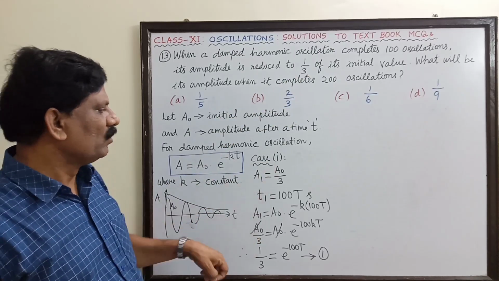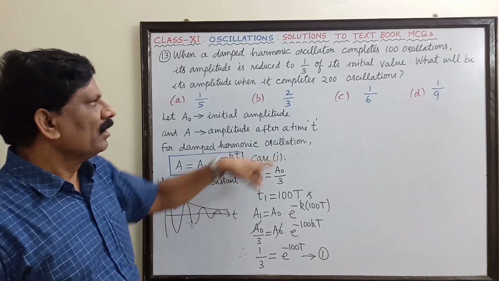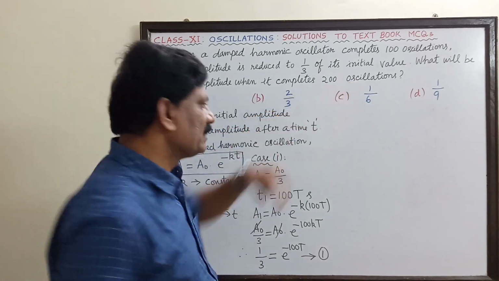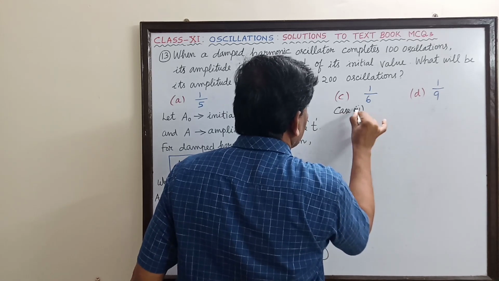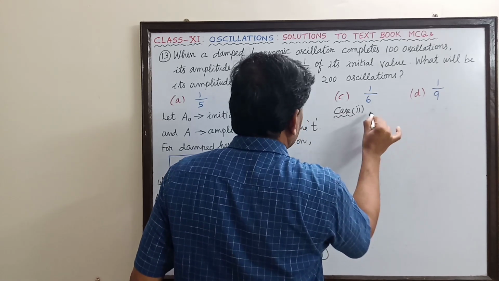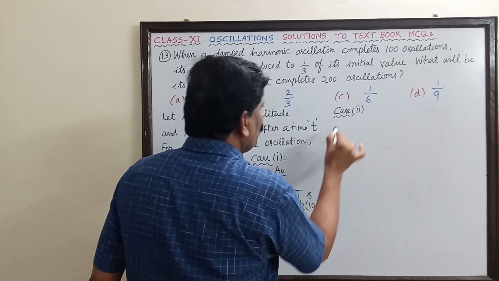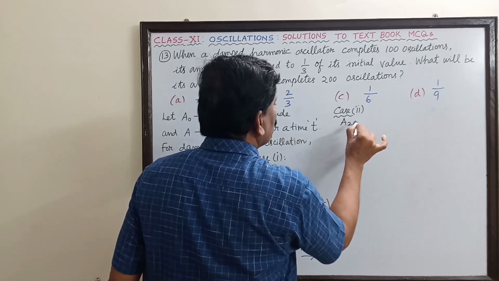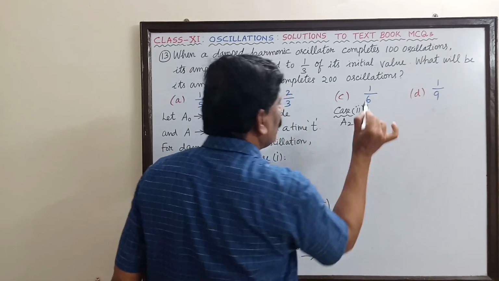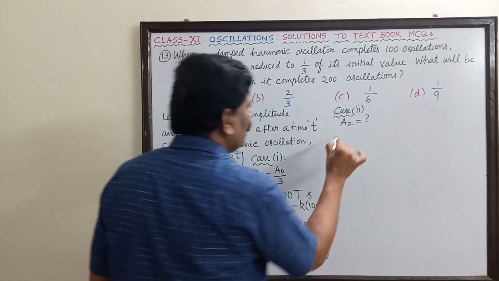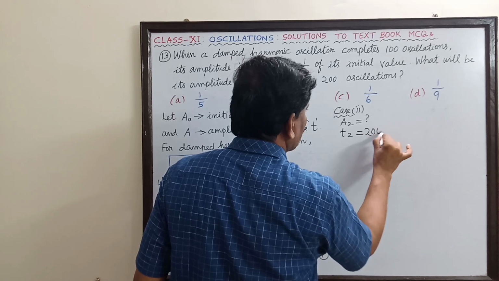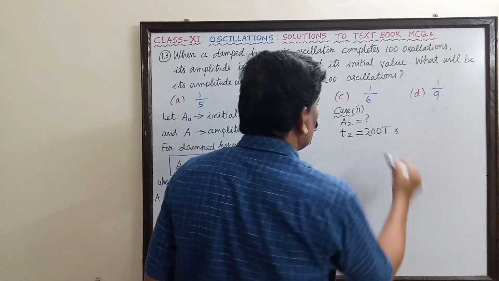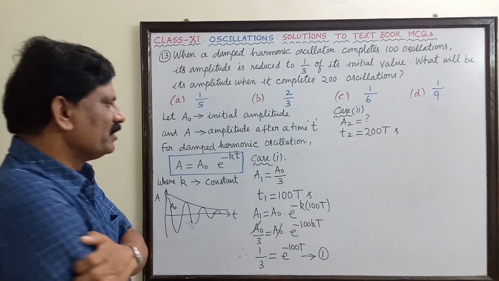Similarly, we have to find out what A2 is after 200 oscillations. So I will take this as case 2. Here A2 is what we have to find out, and the time t2 is 200 oscillations, so 200 periods you have to substitute.